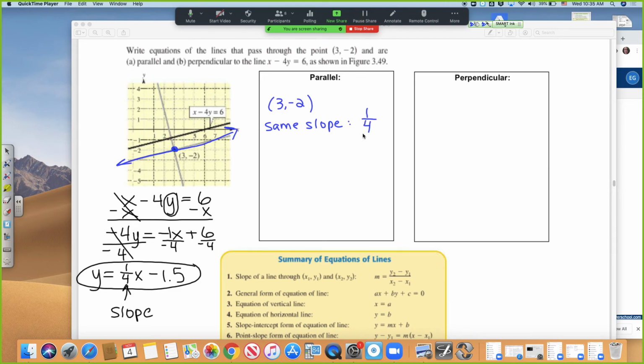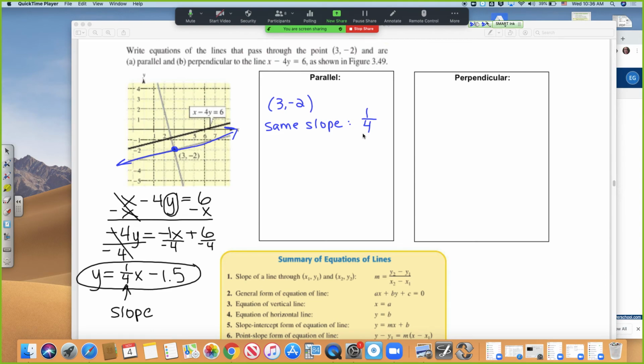The problem didn't tell us what type of form to put this equation in. But right now, I know that this line has the slope of 1/4 because it's parallel, and I know it passes through the point 3, -2. The easiest form to use when you're given a point and the slope is point-slope form.